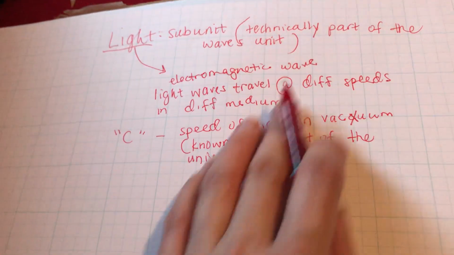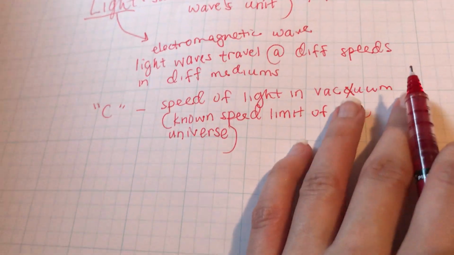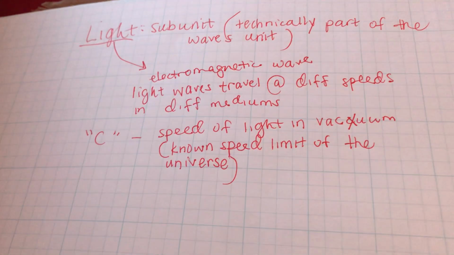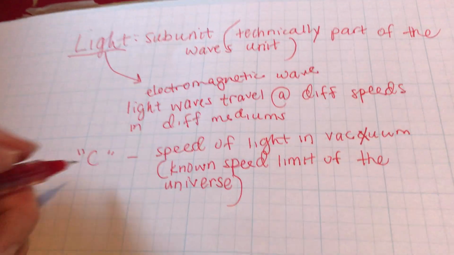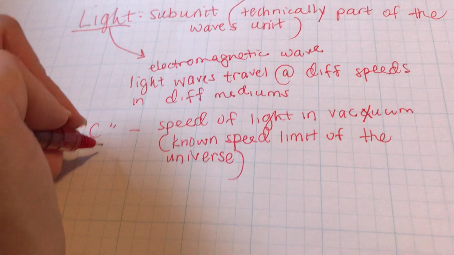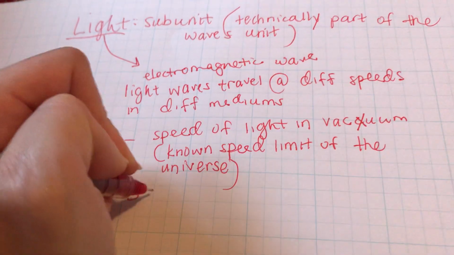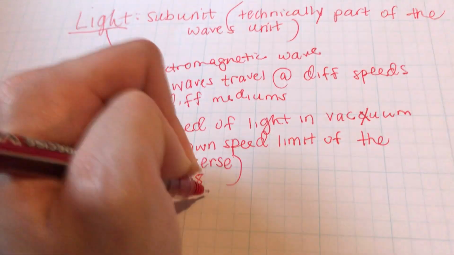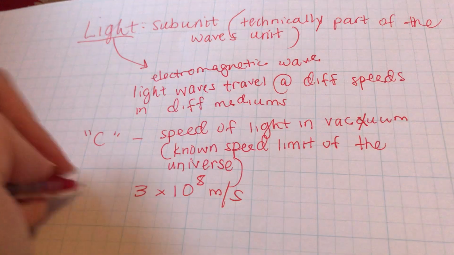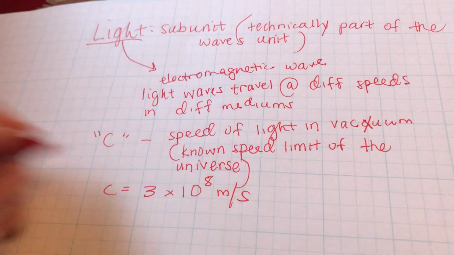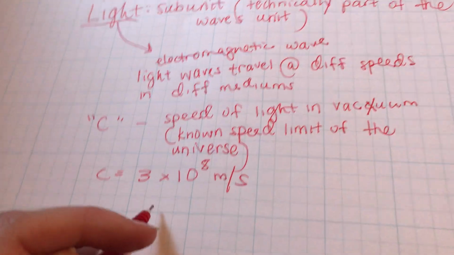A vacuum is just a region that is absent of all other molecules. Okay, it's totally void. So c is defined by this value, 3 times 10 to the 8 meters per second. And you can find this constant in your reference table.